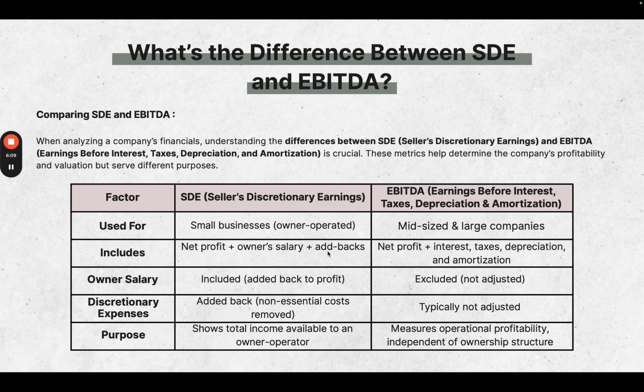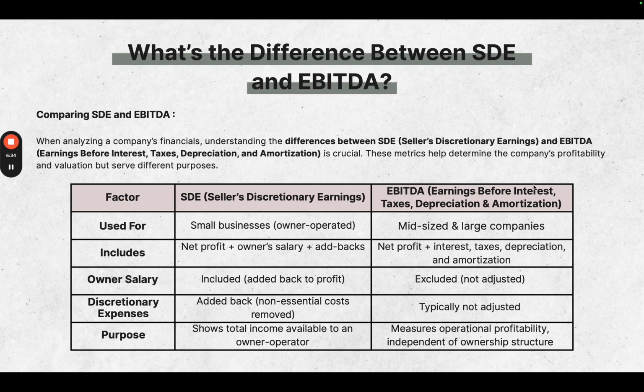And again, you'll have access to this, but when you're doing SDE, you're getting to the net profit, and all you're doing is adding back the owner's salary and then the add backs, like the personal expenses or the one-time expenses. Whereas in EBITDA, you're starting with net profit and then adding back interest, taxes, depreciation, and amortization. So that's the key thing.